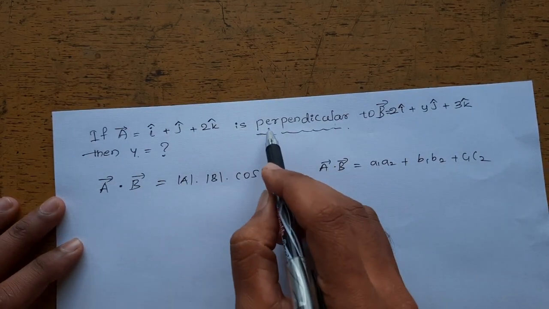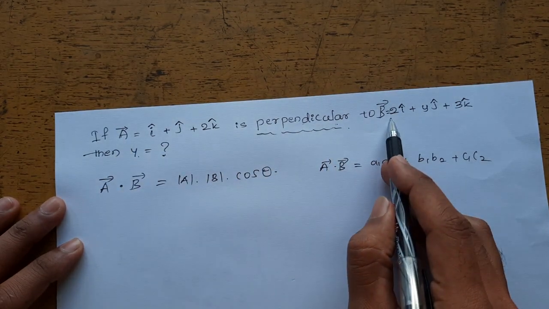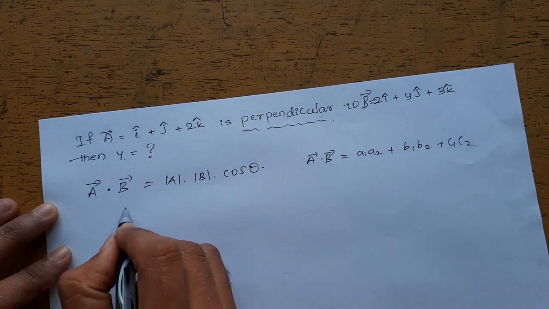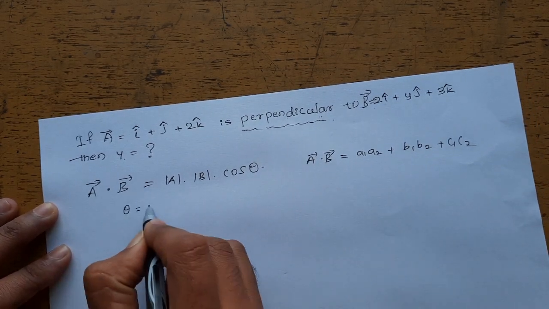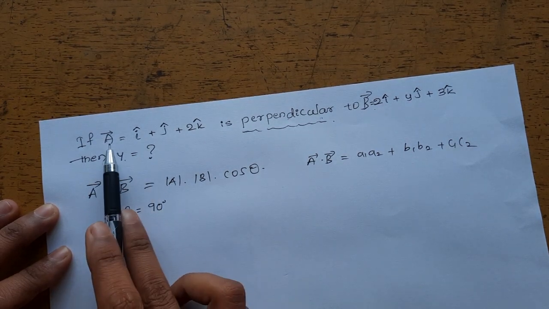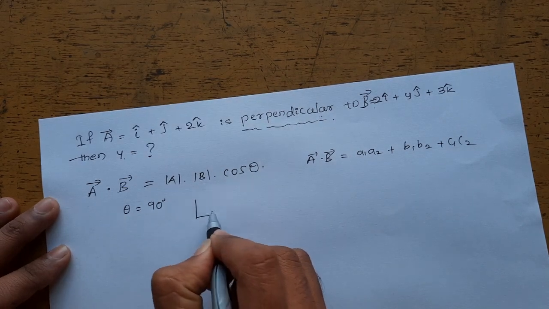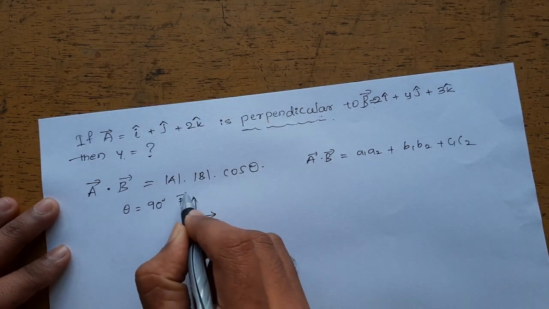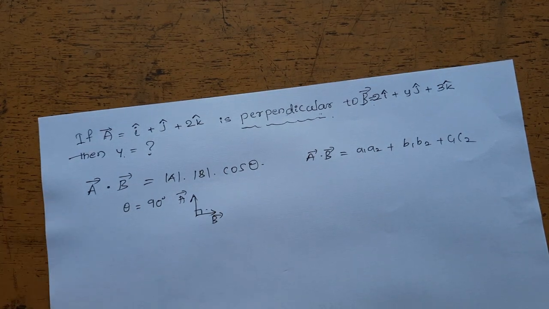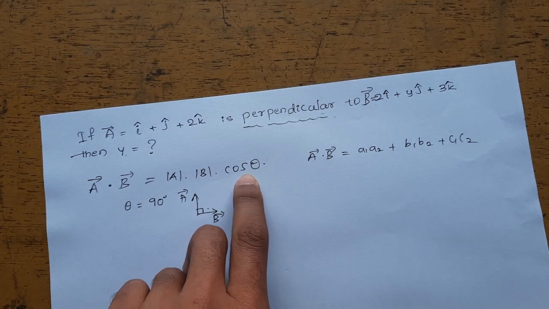When they say vector A and vector B are perpendicular, the angle theta is 90 degrees. The angle between vector A and vector B is 90 degrees, meaning both vectors are like this. If this is vector A, this is vector B, the angle between them is 90 degrees. So we put the cos theta value as cos 90.